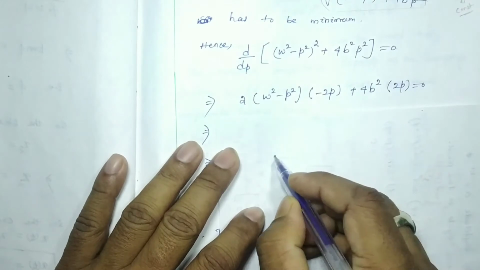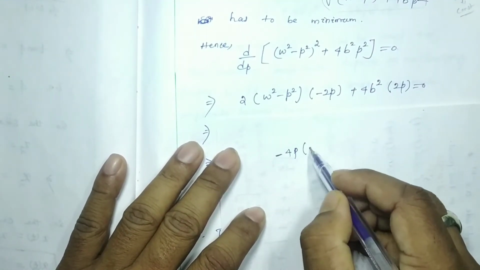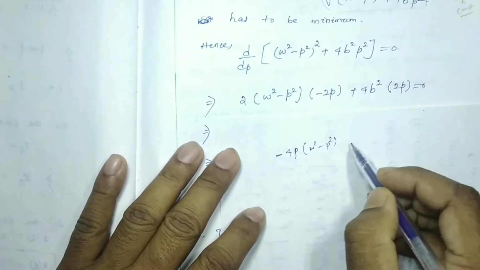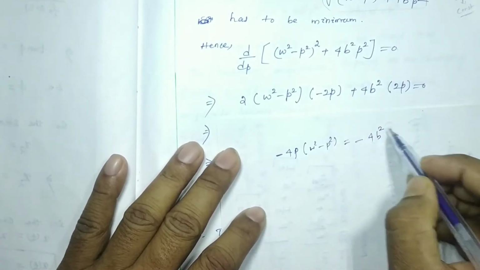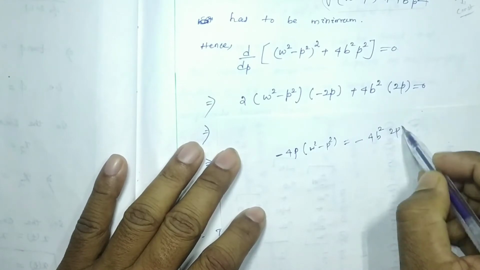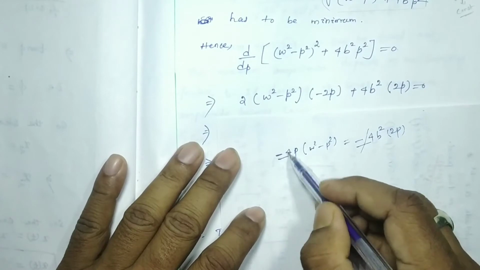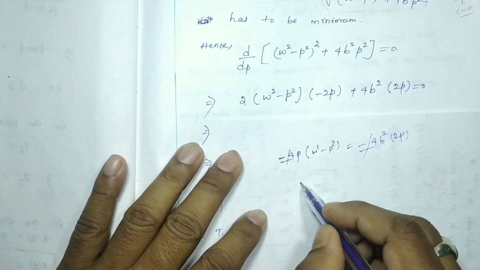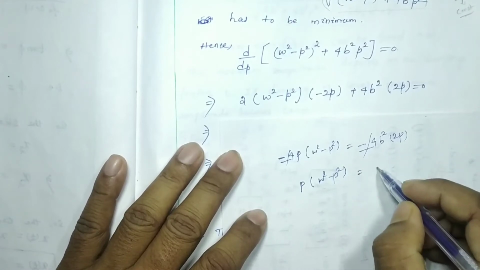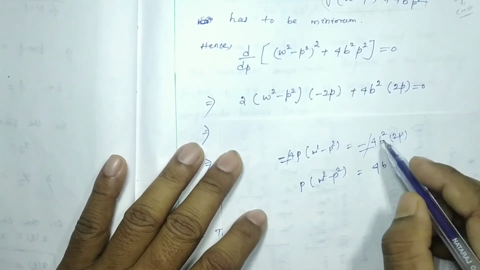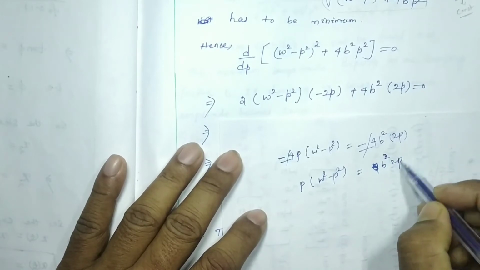So this will be this line. I'm going to write 4p minus 4p omega square minus p square will be equal to minus 4b square 2 into p, right? So minus 4 got cancel. We can write p into omega square minus p square is equal to 4 minus 4 got cancel, b square into 2p, right?